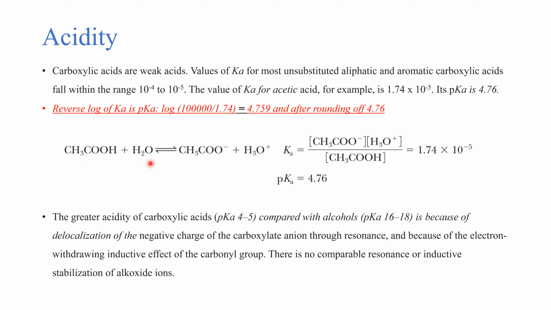This is an ionization type of reaction, converting from its original form into its ionic form. Here this ionic form is called the conjugate base of that acid. If we move in the backward direction, it will liberate the H positive ion and H2O. So Ka is basically the dissociation constant of an acid.